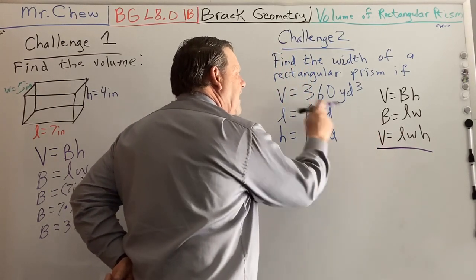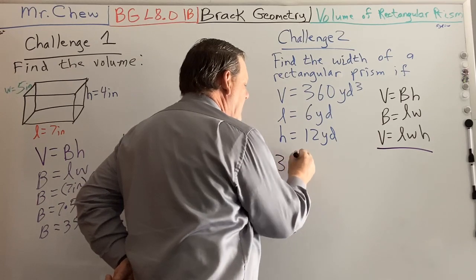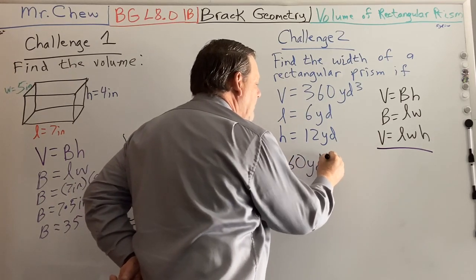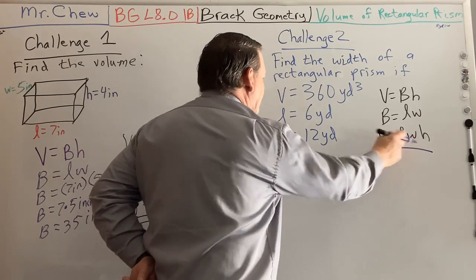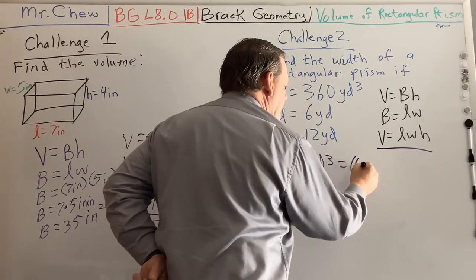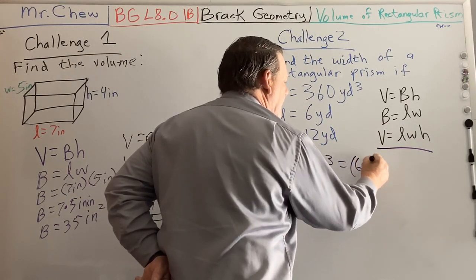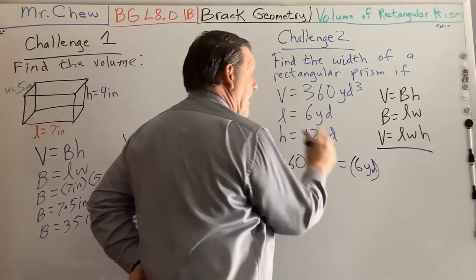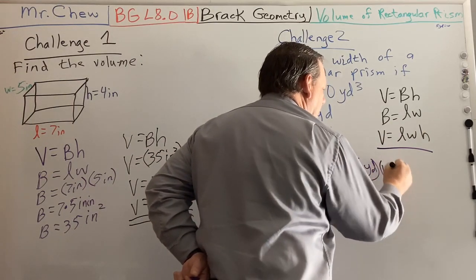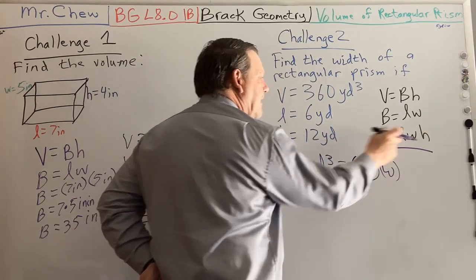Okay, so now let's substitute into this equation. Instead of a V, I'm going to put my 360 cubic yards. My length is 6 yards. My width, I don't know. And my height is 12 yards.